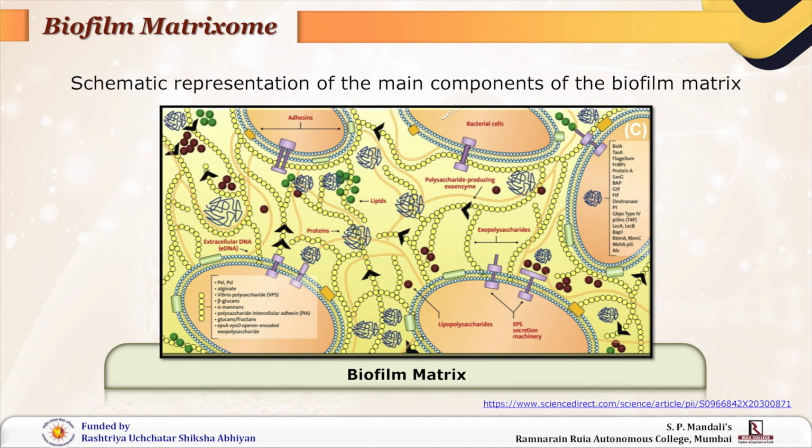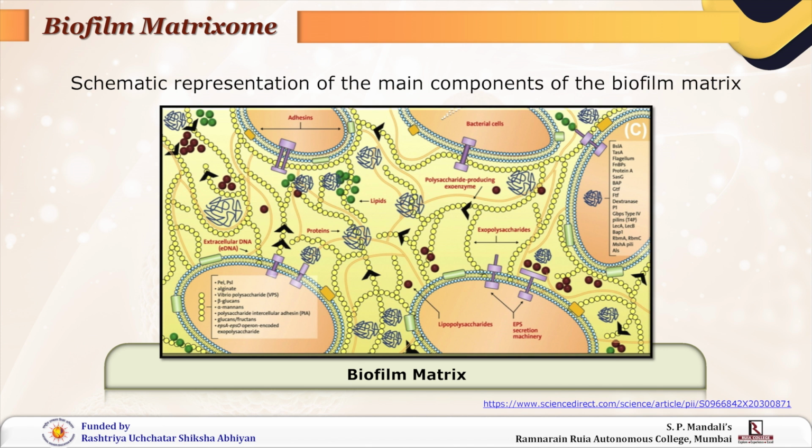Most of these components are made up by the microbial population. Sometimes biomolecules acquired from the host or the surrounding environment may also be present in the biofilm matrix. Lately, therefore, a new term has been coined to encompass this diversity in microbial biofilms, and this term is matrixome.